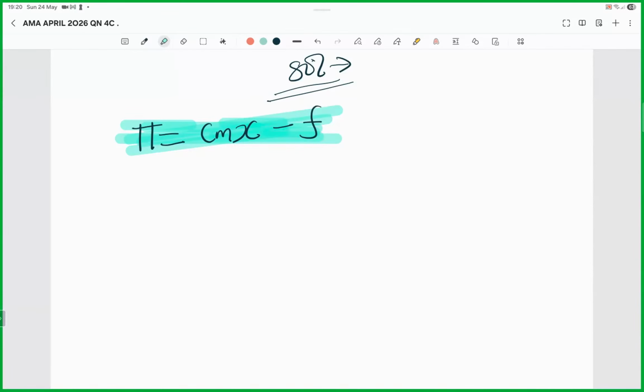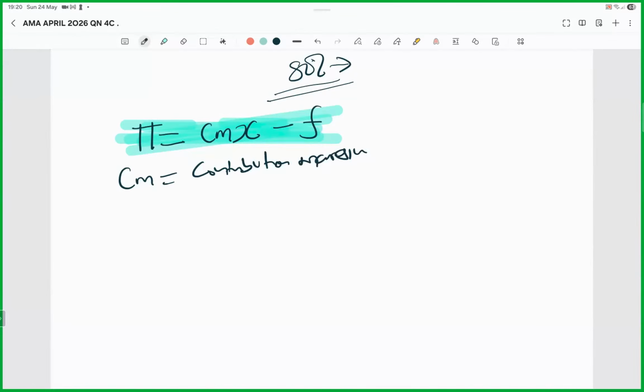Okay. So I simply want you below here to write profit equals CMX minus fixed cost, where CM is contribution margin. Profit equals CMX minus F. CM is contribution margin.